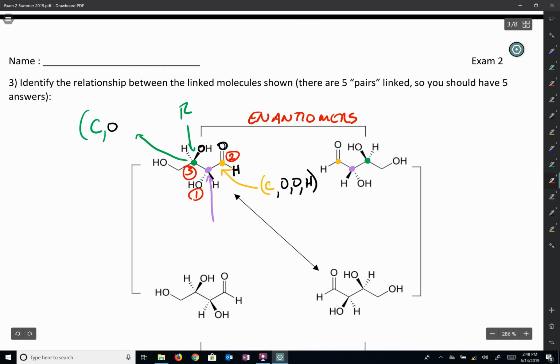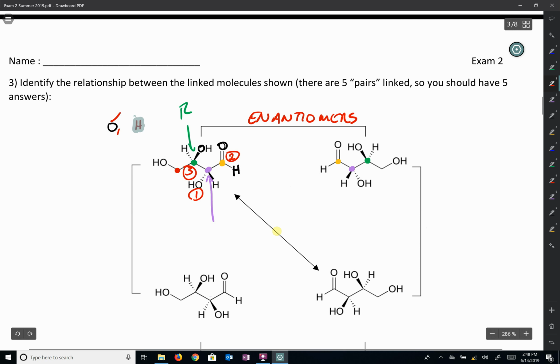It's bound to this carbon over here, so it's bound to another carbon and then a hydrogen also. So carbon, oxygen, oxygen, hydrogen, hydrogen, those are all the same, so the difference comes down to an oxygen versus a carbon there, okay? So remember with double bonds, they count twice. Cool.